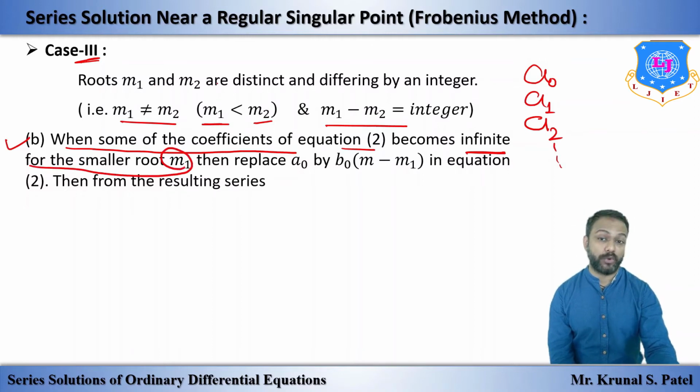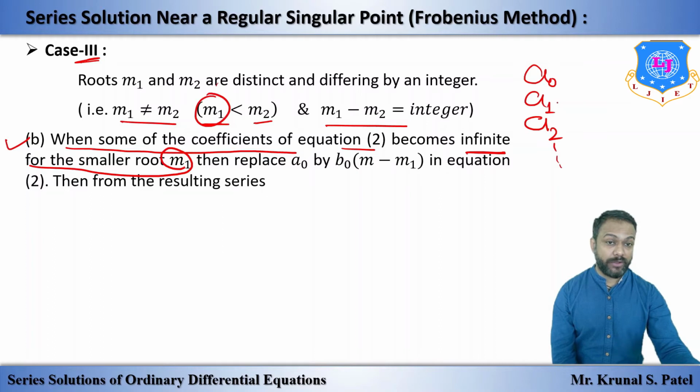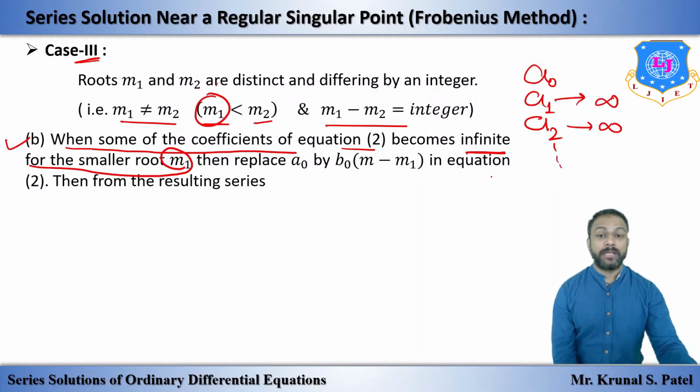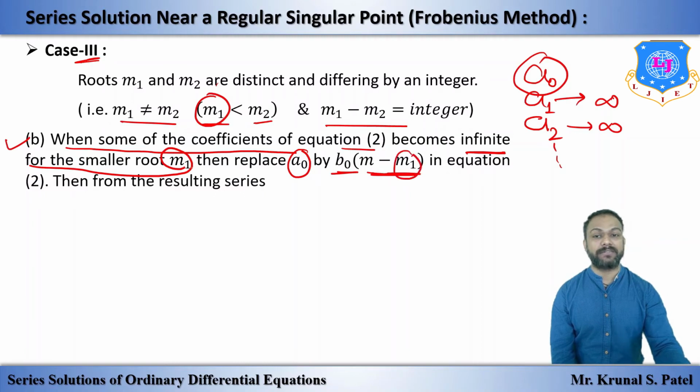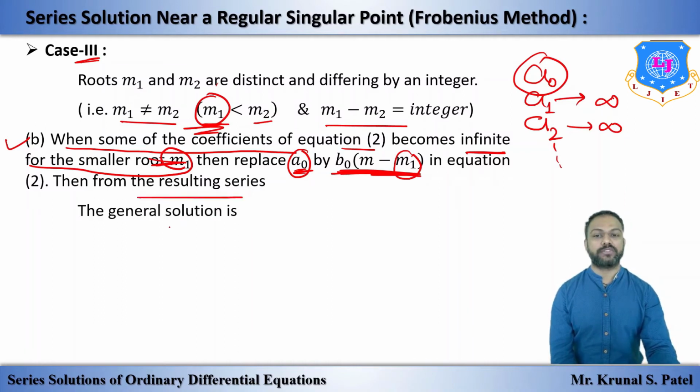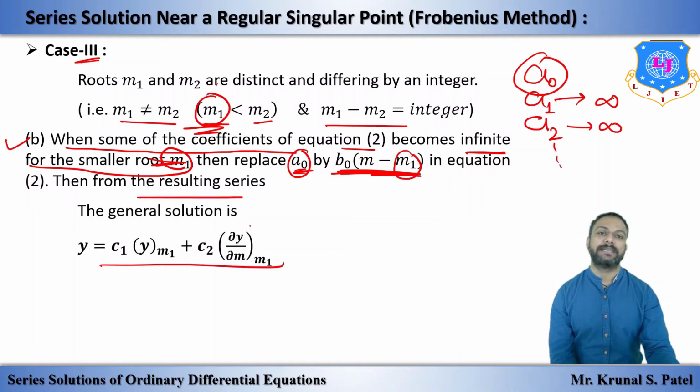For the smaller root m1, if any of these coefficients becomes infinite, okay, then we will replace a0 by b0 into m minus m1. This m1 is our smaller root, okay. We will replace this a0 by this in equation number 2. That means again same in trial solution, okay. And we have the general solution given by this.